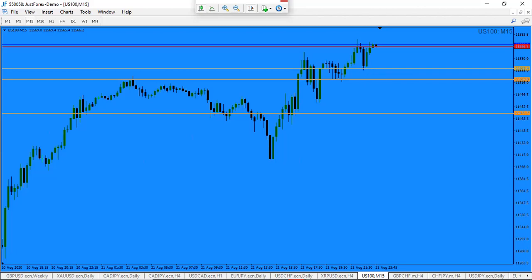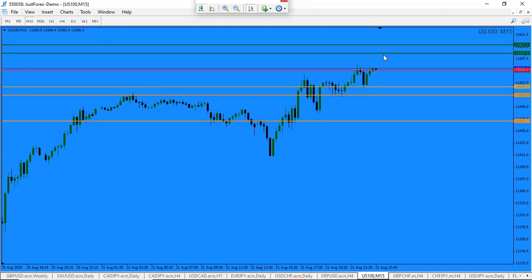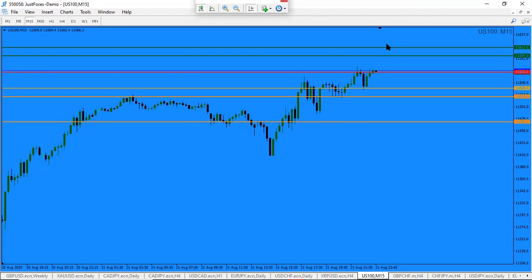So it means on Monday, we have to expect Nasdaq to trade higher to these levels. Remember, if it trades lower, use these levels as your long entries.